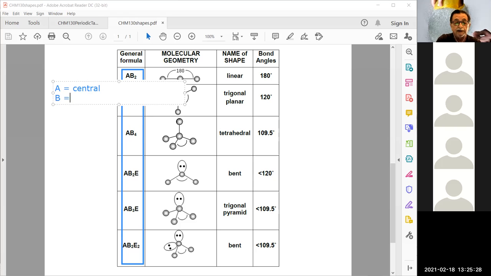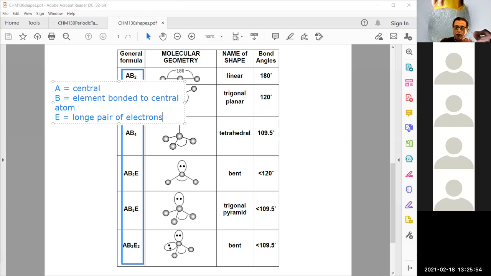B represents elements bonded to the central atom. And E is what we call lone pairs of electrons.